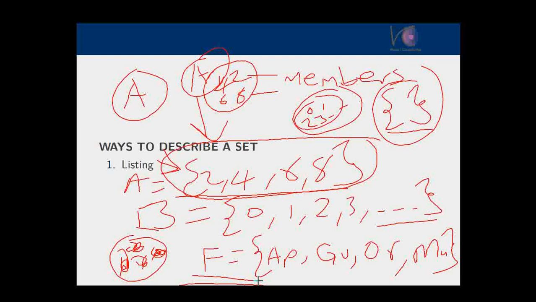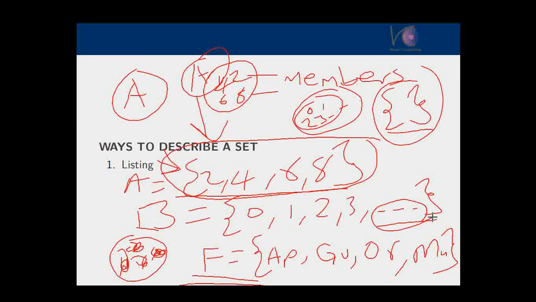However, for set B, we are not able to count. How many members do we have? We have a 0, a 1, 2, 3, and these 3 dots imply that the numbers keep on going until they reach infinity, and infinity can be any big number. Therefore, we are not able to count the elements in set B.